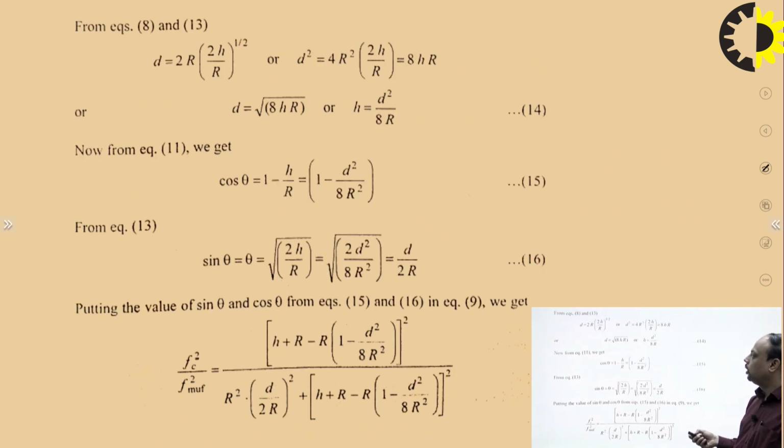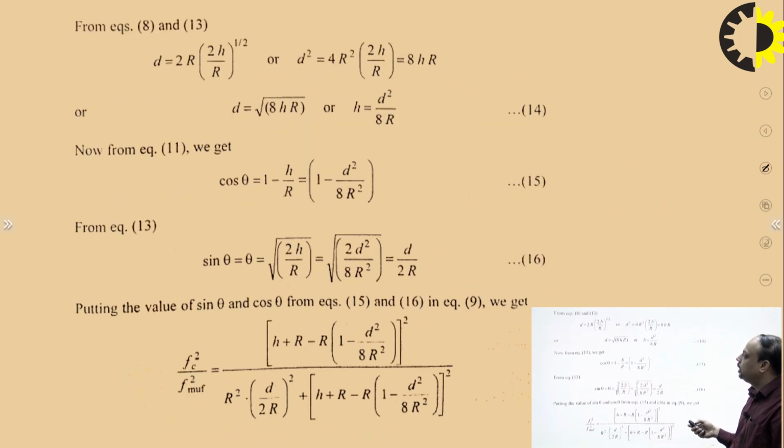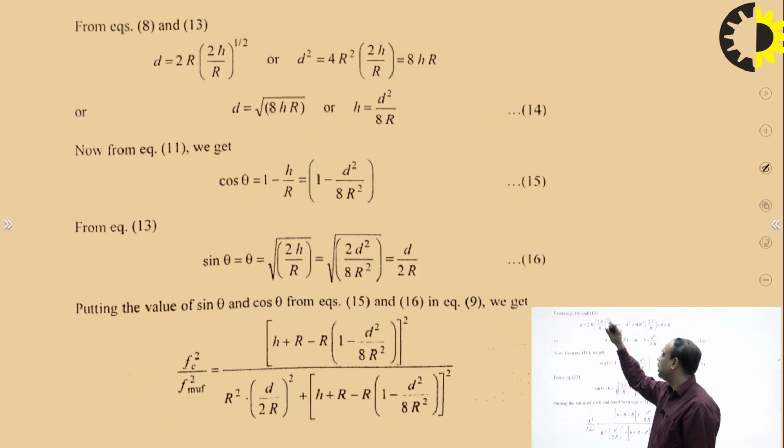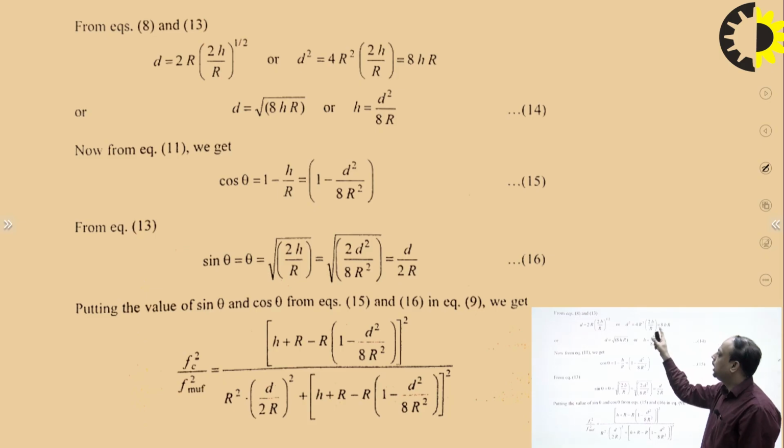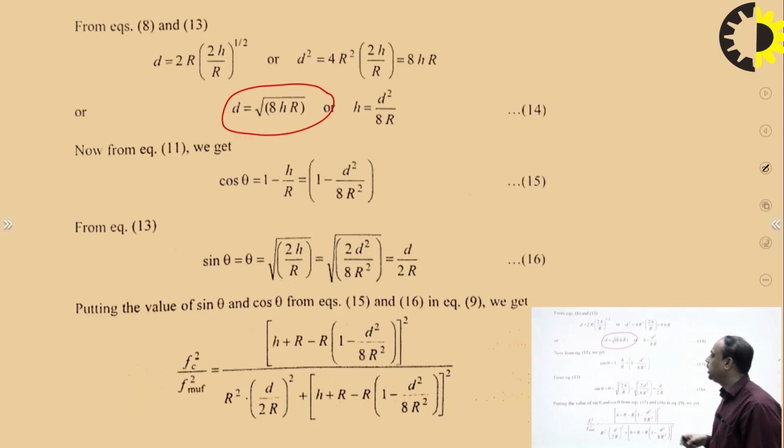Now in this equation, d is equal to 2R theta. If we put the value of theta, that is (2h by R) raised to the power 1 by 2, and calculate, we find that d is nothing but under root of 8hR.